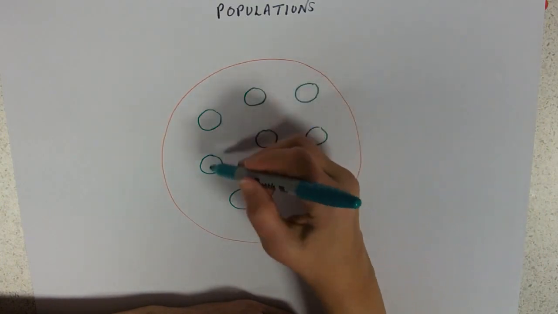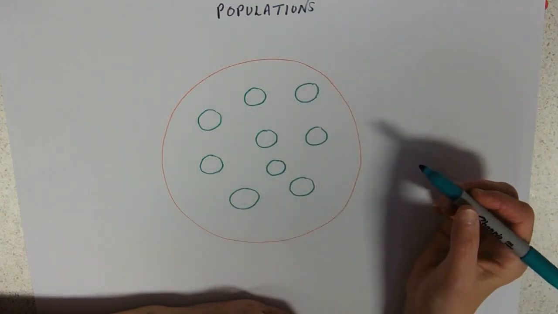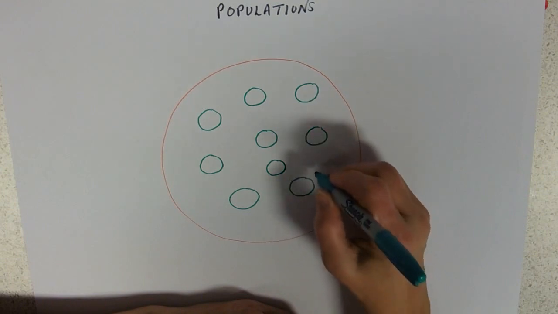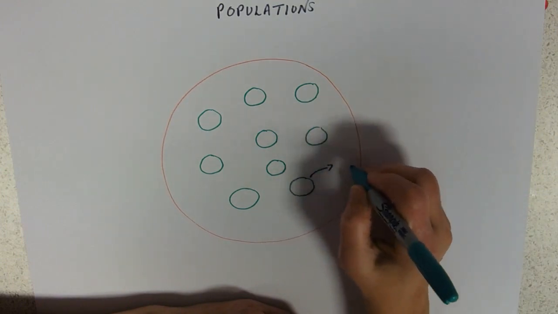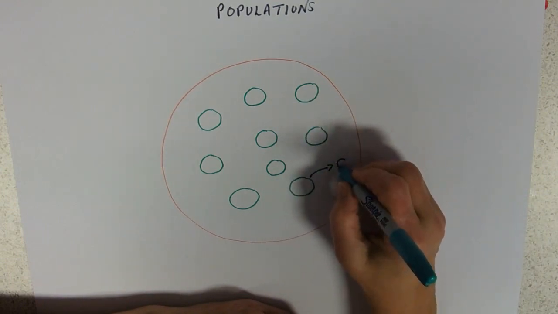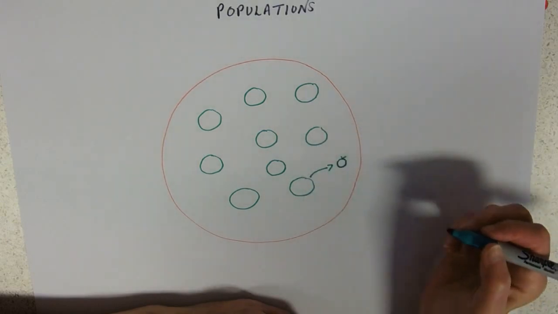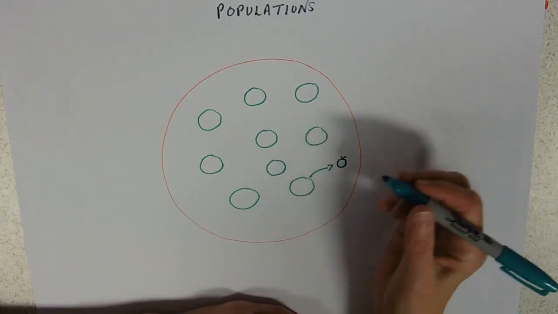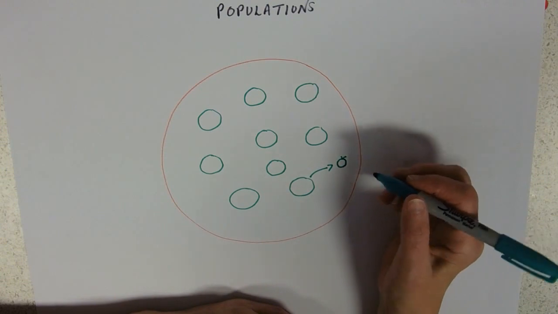So our initial population size is 9, but if one of them has a baby, so if we have a birth, then that's going to increase the population size to 10.